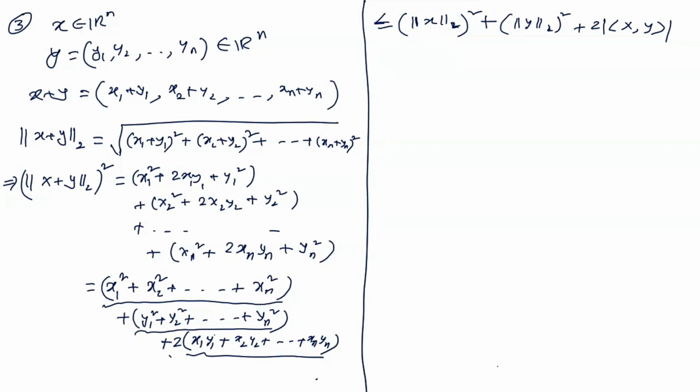Now we work on this inequality. This is by the Cauchy inequality. So we can write norm of x2 whole square plus norm of y2 whole square plus 2 times the norm of x times the norm of y.